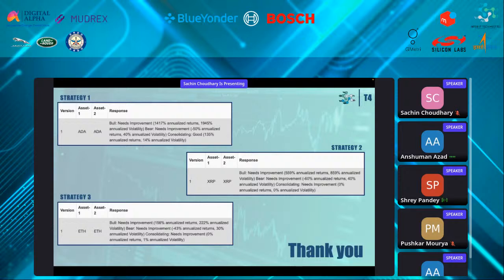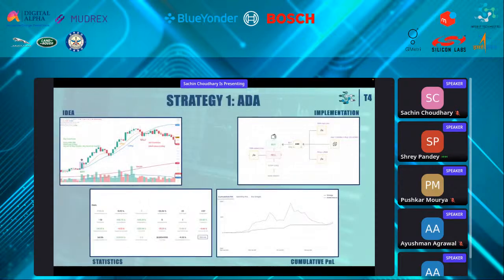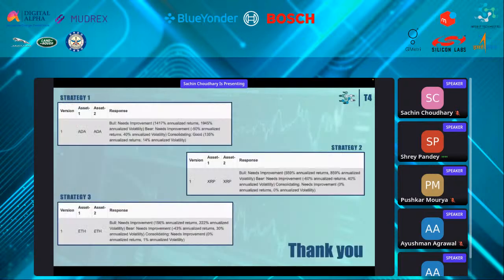So I see that in general, your ideas... Can you go back to the result slide first? Yeah, result. Right. So in general, your strategies have fared not that well in bear markets, but I think for XRP, 559% returns in the bull market is good.